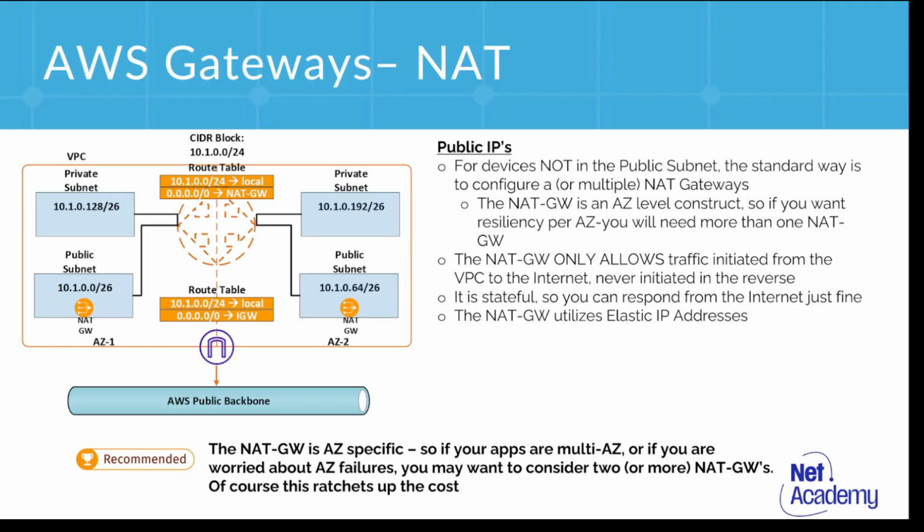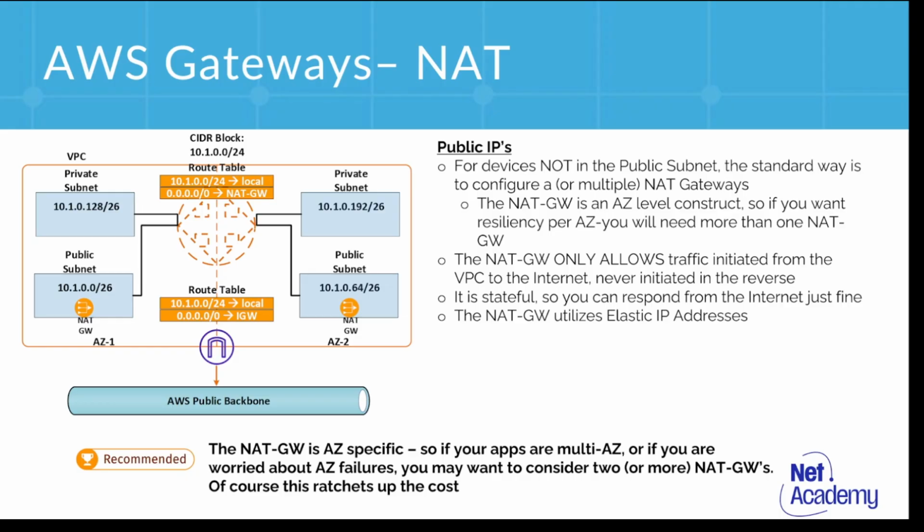NAT gateways are availability zone level constructs, right? So they can only be in a single AZ. Be aware of that, because if you have a resiliency requirement, you may need more than one NAT gateway, right?